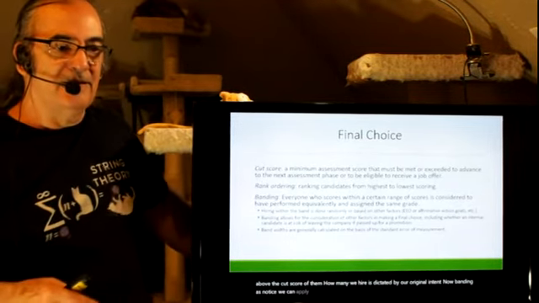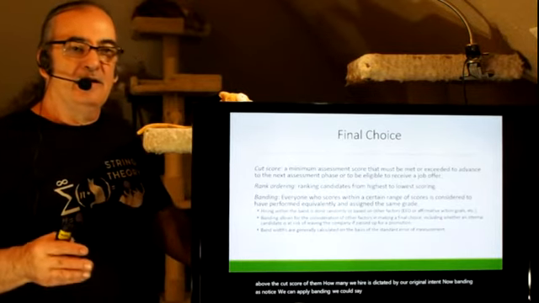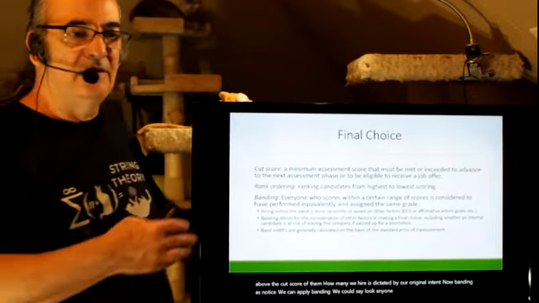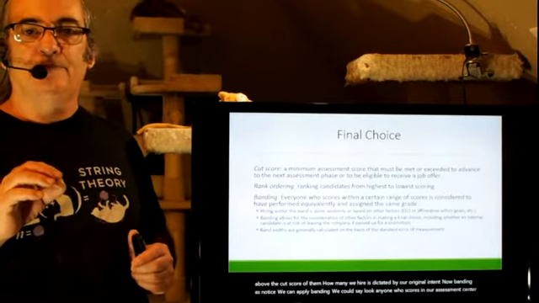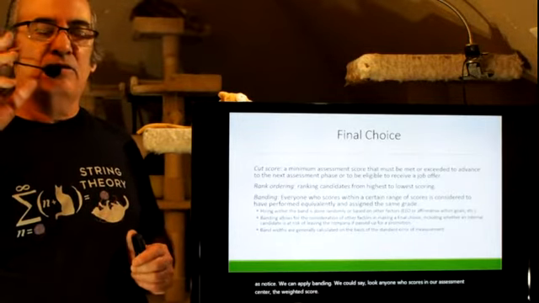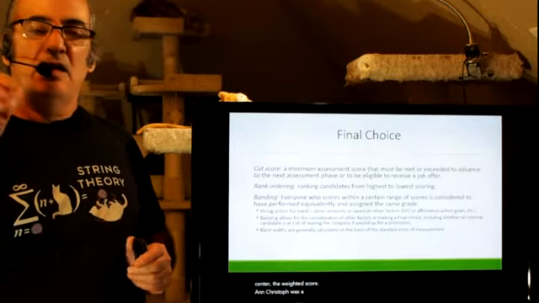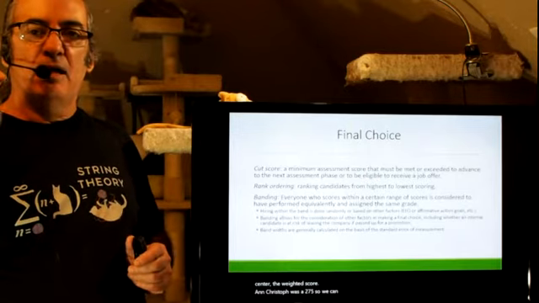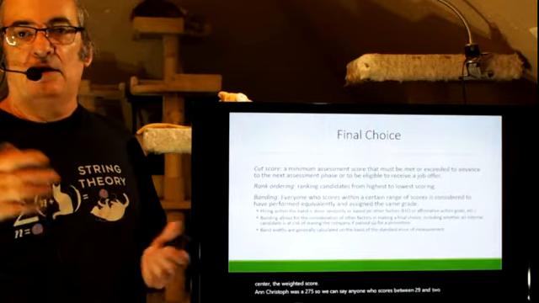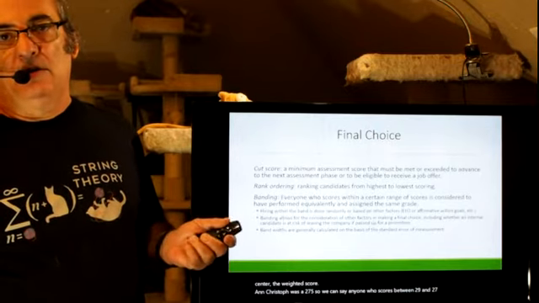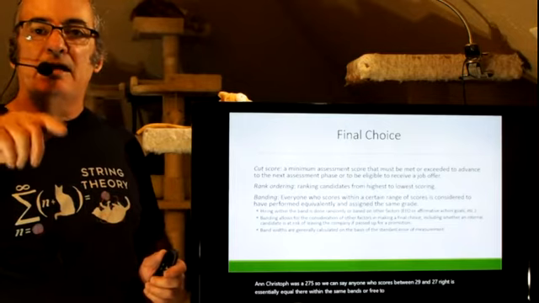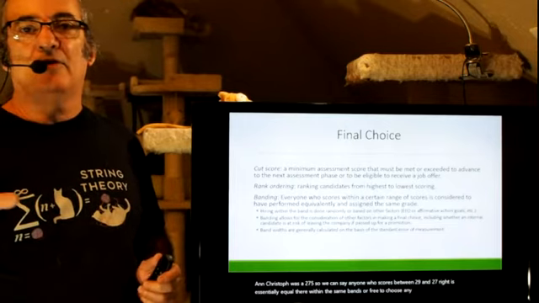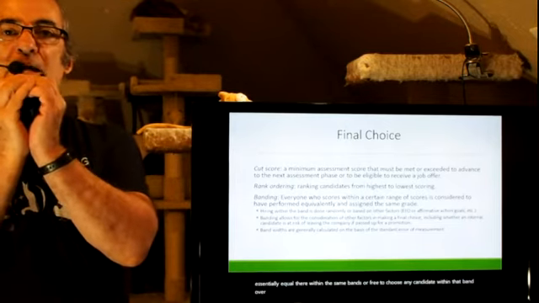We could say, look, anyone who scores in our assessment center, the weighted score, and Christoph was at 2.75, so we can say anyone who scores between 2.9 and 2.7, right, is essentially equal. They're within the same band, so we're free to choose any candidate within that band over another because we've grouped them in a band.